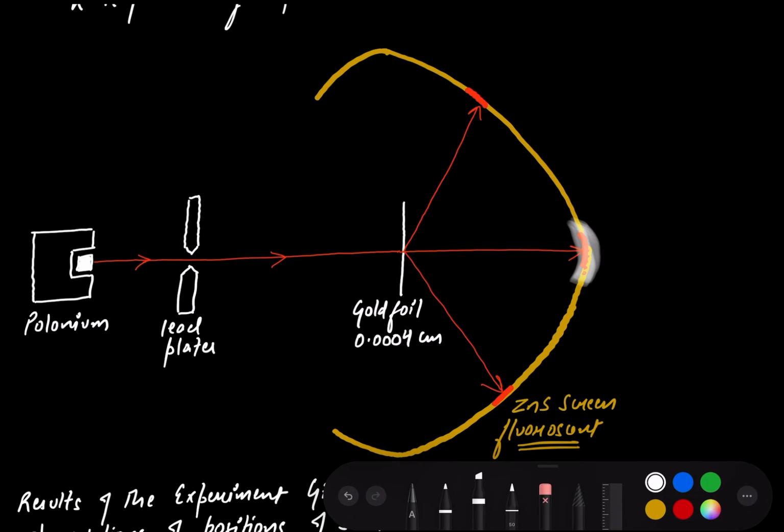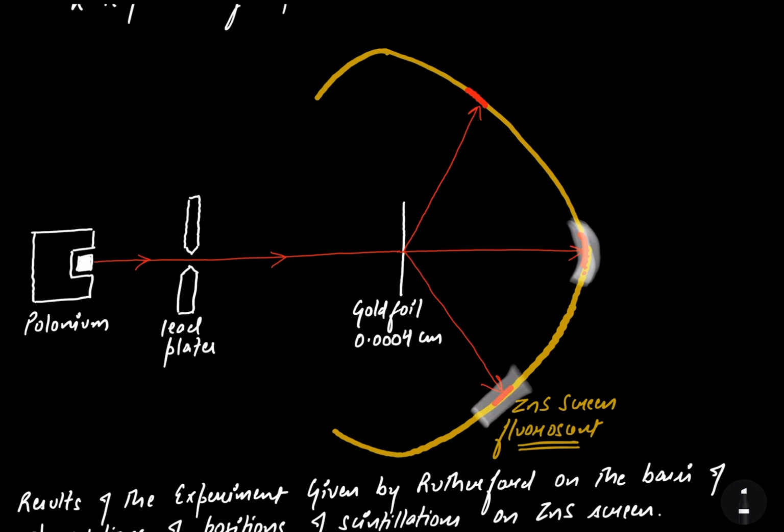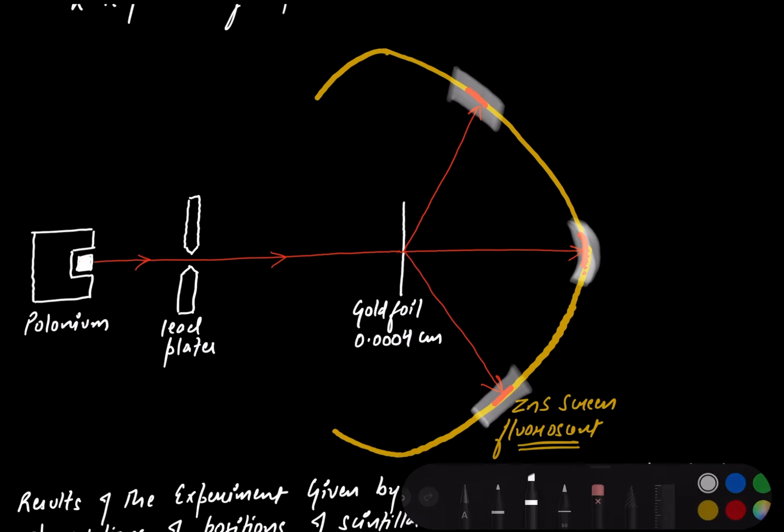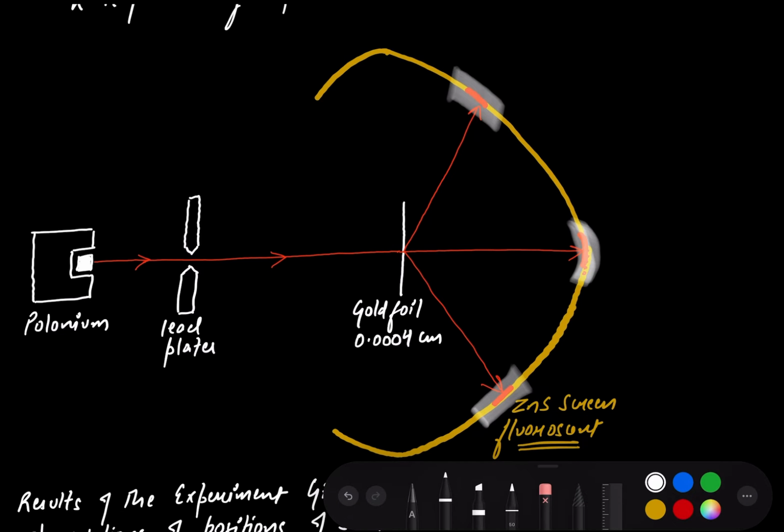According to the observations of scintillation on the zinc sulfide screen, please have a look at the diagram. These scintillations made Rutherford think that some alpha particles have deviated or deflected from their original path.